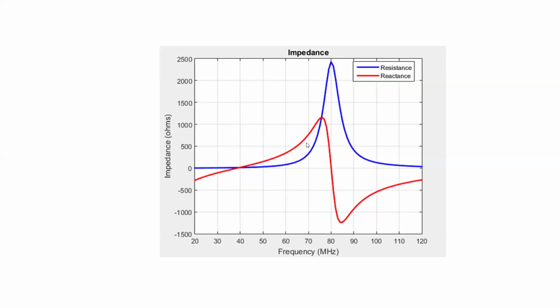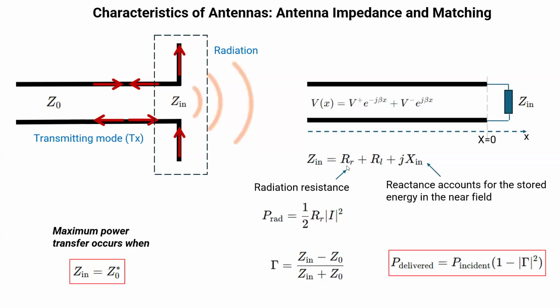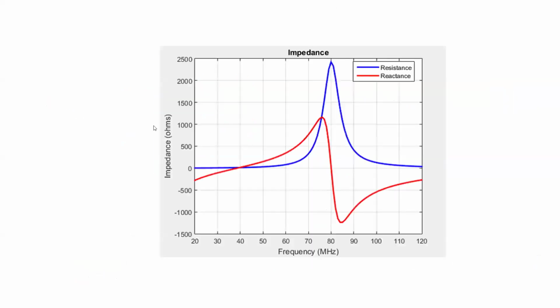However, in order to get rid of the reflectance, I also need to make these two equal to the characteristic impedance of the transmission line, right?